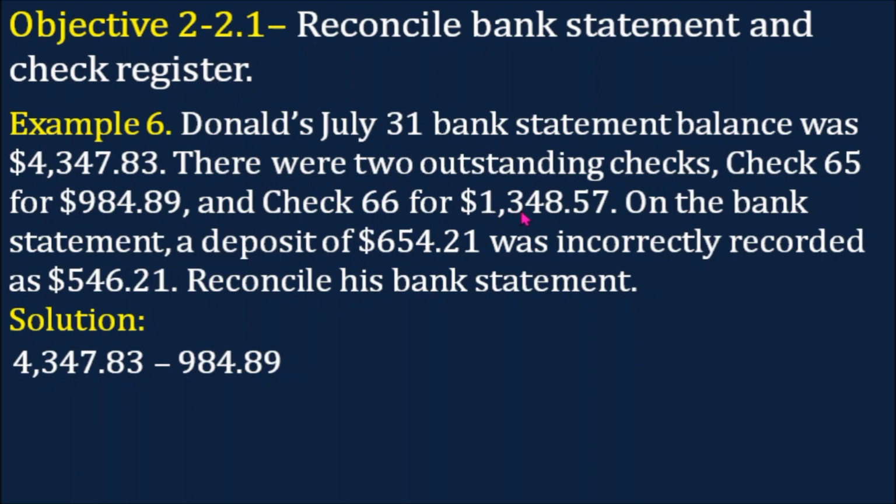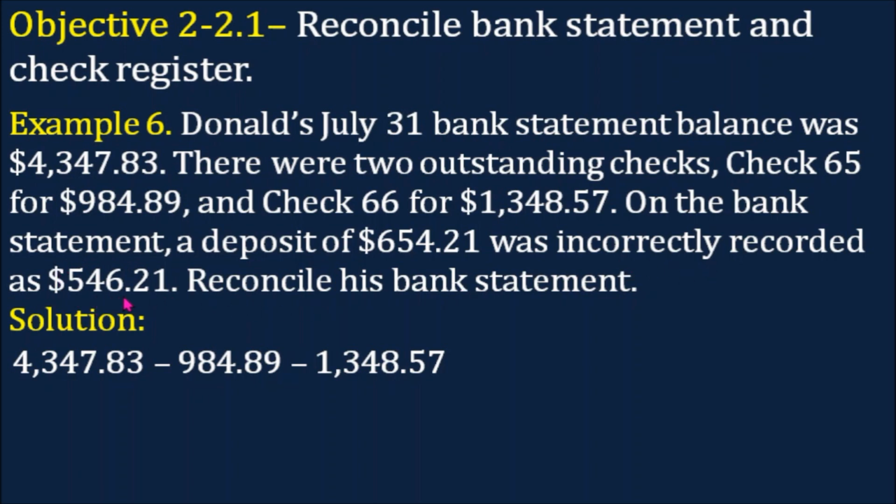That's $1,348.57. And then we have an error here. So a deposit of $654.21 was incorrectly recorded as $546.21. So to correct the error, we are going to remove the error.